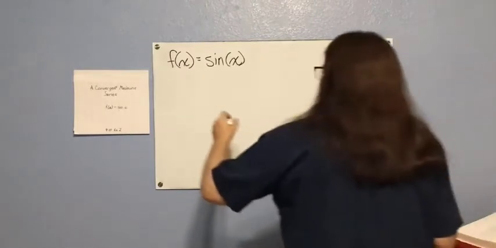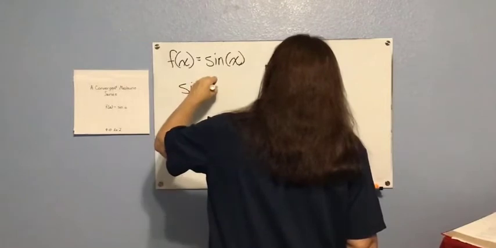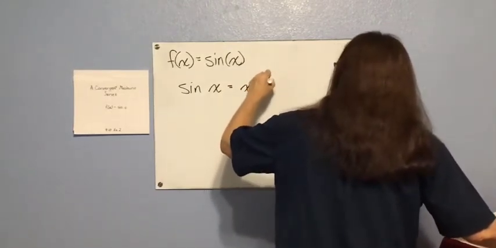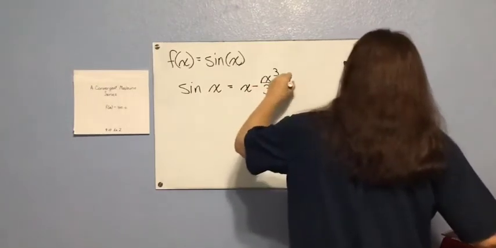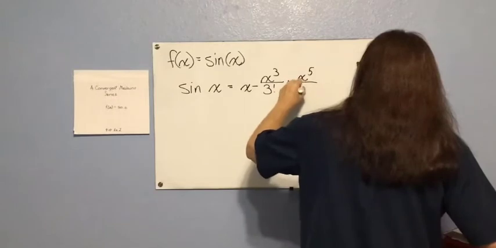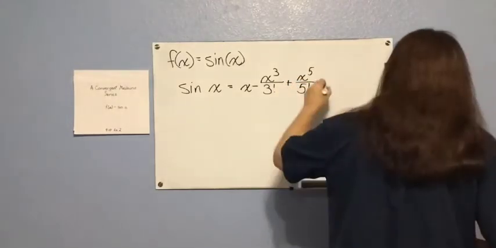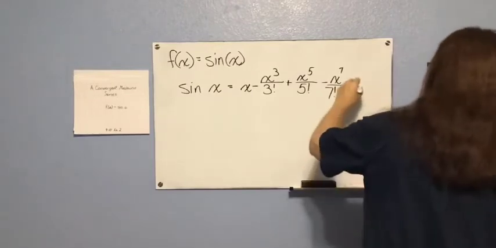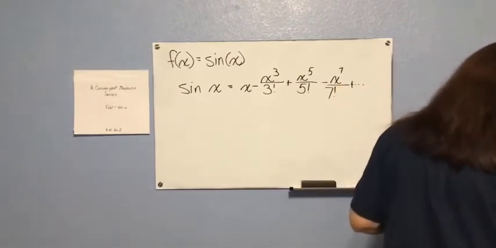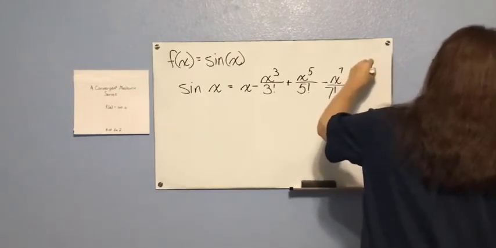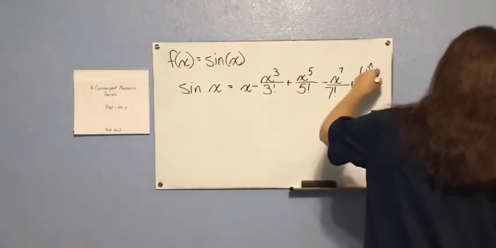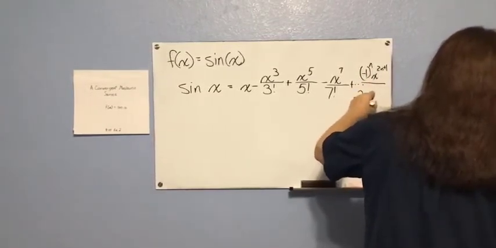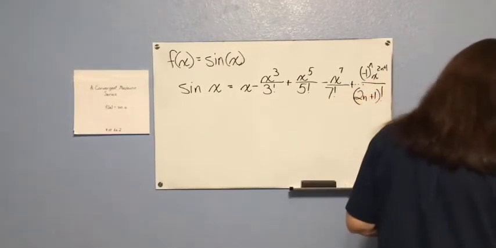So looking at the result we had in example 1, we've got sine x is equal to x minus x cubed over 3 factorial plus x to the 5th over 5 factorial minus x to the 7th over 7 factorial, all the way up to negative 1 to the n times x to the 2n plus 1 over (2n plus 1) factorial.